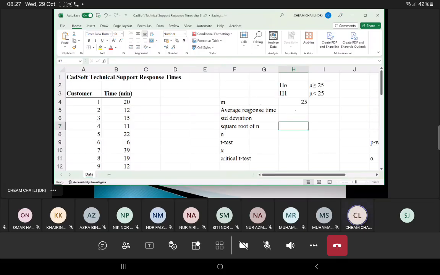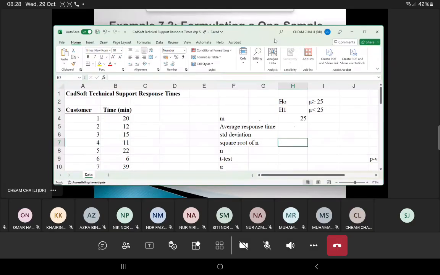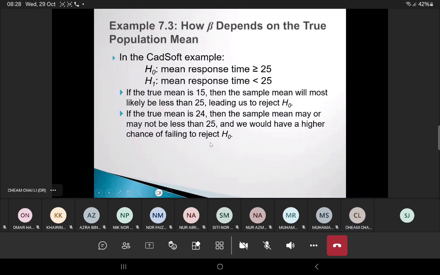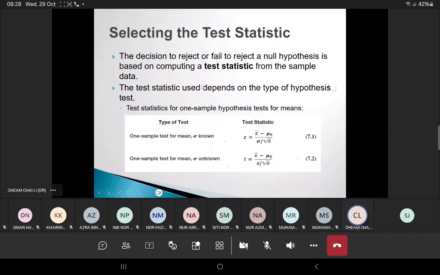Okay, and then next kita nak cari average response time. Why we want to look at all these components? Take a look at this. For one sample mean, you need to calculate the test statistic, and then compare with the critical value if you are using the critical value approach.